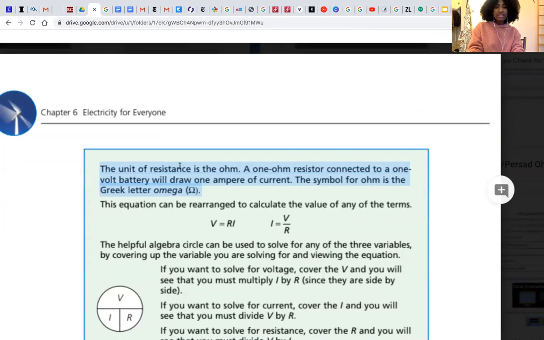The unit of resistance is the ohm. A 1 ohm resistor connected to a 1 volt battery will draw 1 ampere of current. The symbol for ohm is the Greek letter omega.